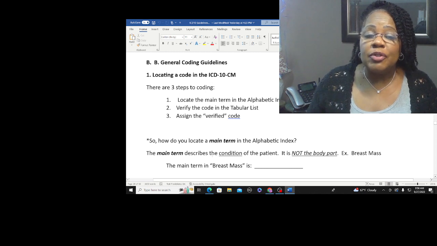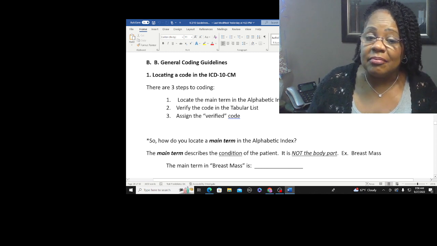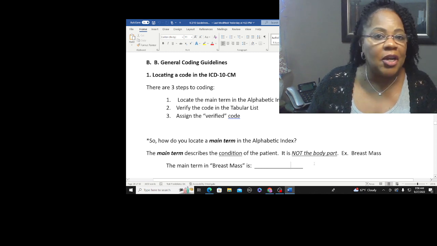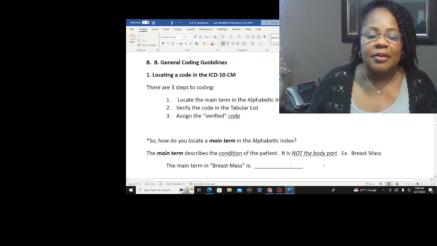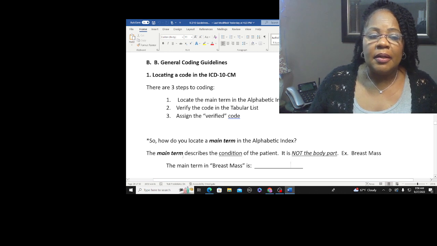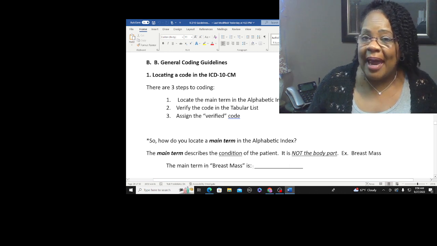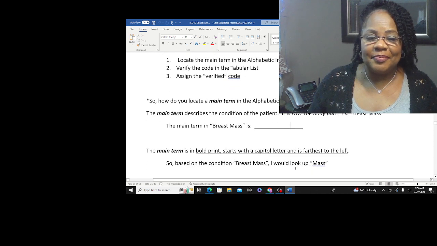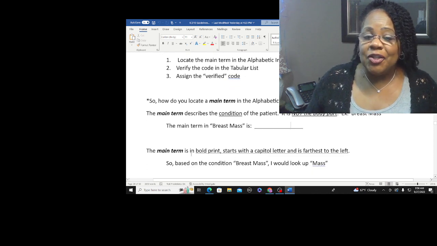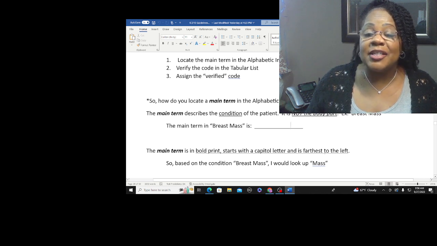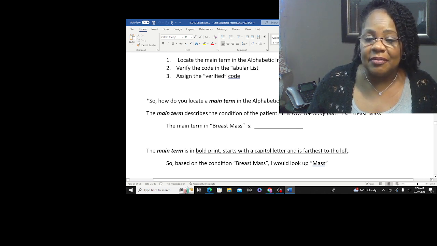The main term describes the condition of the patient, not the body part. So for example, breast mass. The main term in breast mass is what? The main term is in bold print, starts with a capital letter, and is farthest to the left.